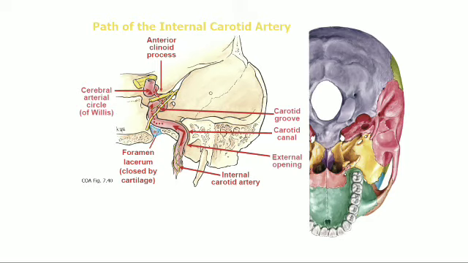Again, at the upper aspect of this foramen lacerum, our carotid canal will continue. So the internal carotid artery is continuing here. So this is the orientation of this carotid canal and foramen lacerum. This foramen lacerum, if you analyze, is very close to the apex of this petrous part of temporal bone.